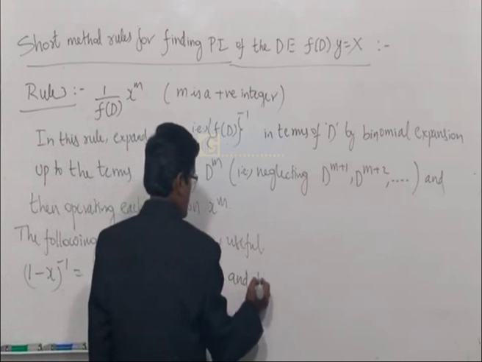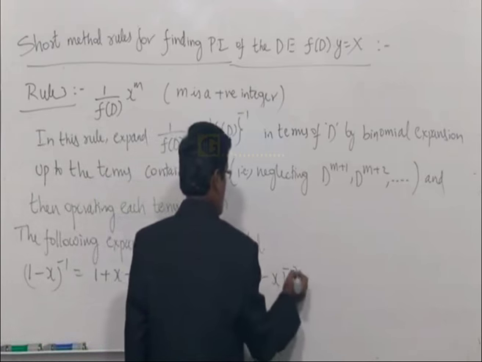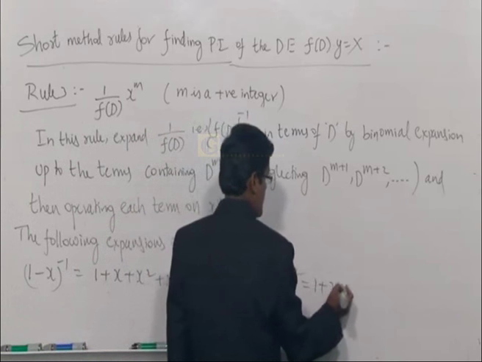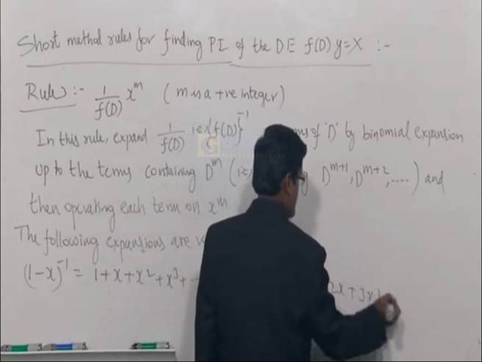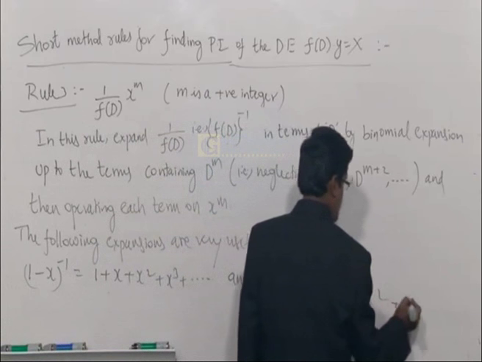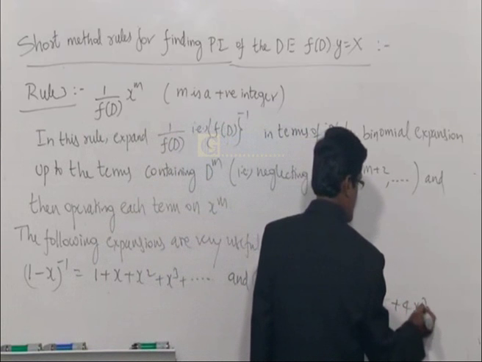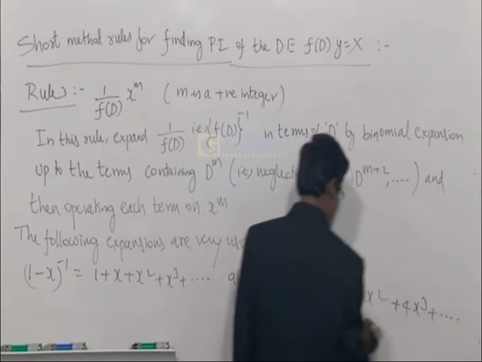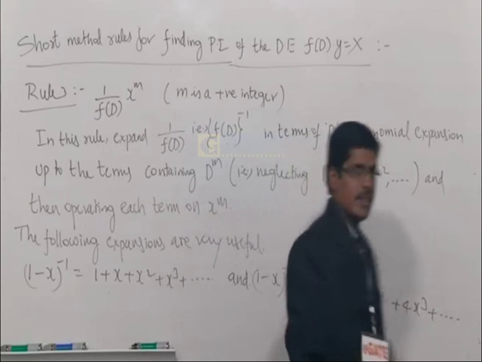And 1 minus x whole power minus 2: 1 plus 2x plus 3x square plus 4x cube plus so on, etc. That is whole power minus 3 like that.